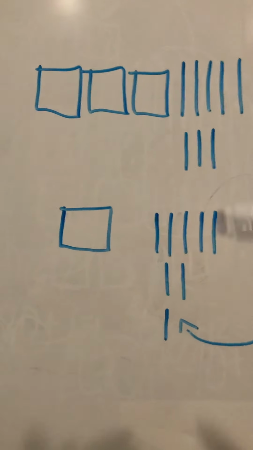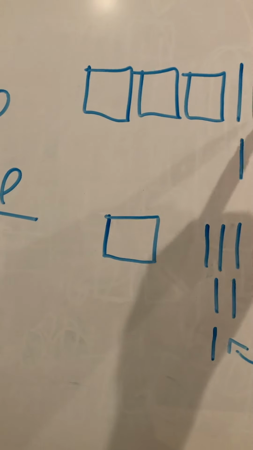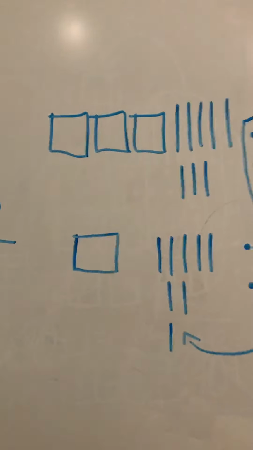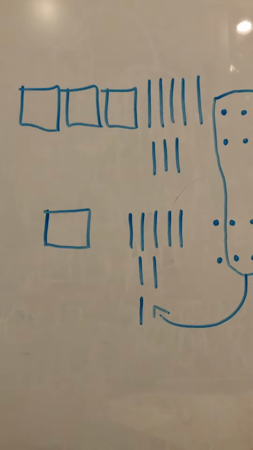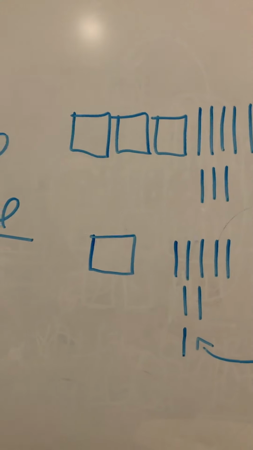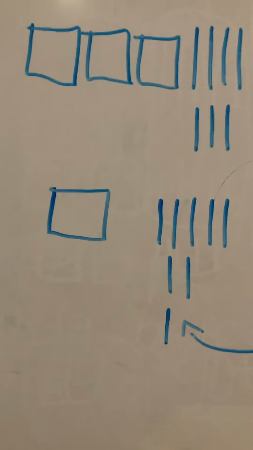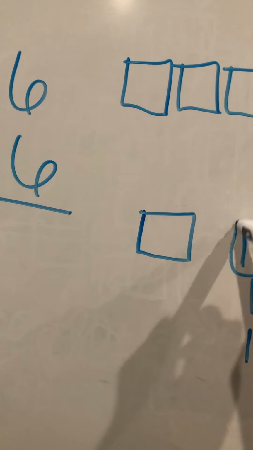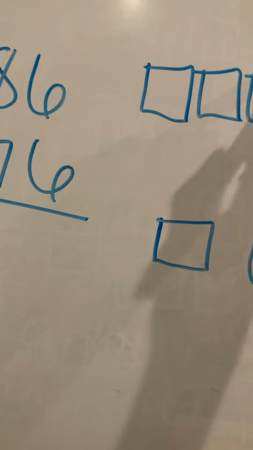And then for our 10s, we can count. We have 1, 2, 3, 4, 5, 6, 7, 8, 9, 10 10s. And we know that 10 10s is equal to 100. So we're going to group these up. We're going to take our 10 10s.